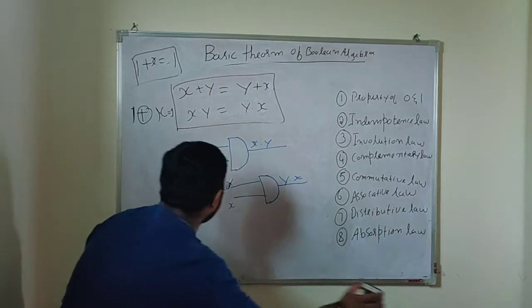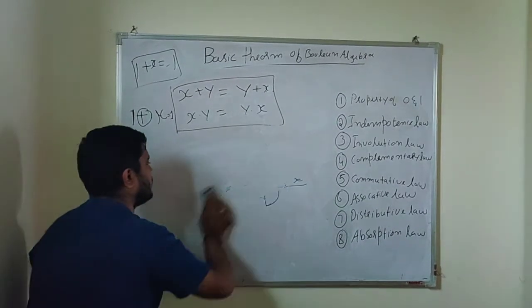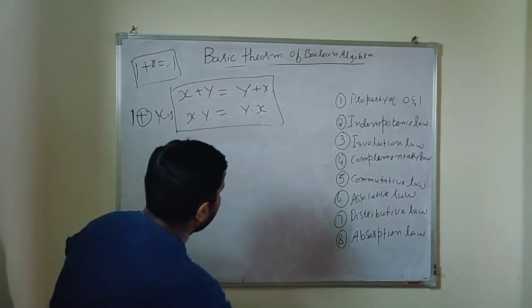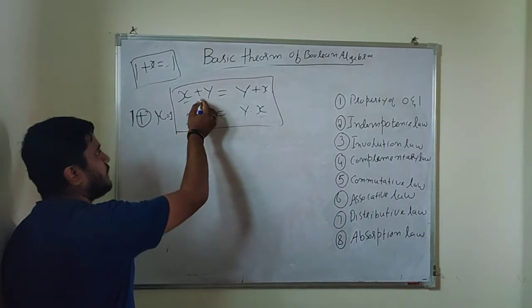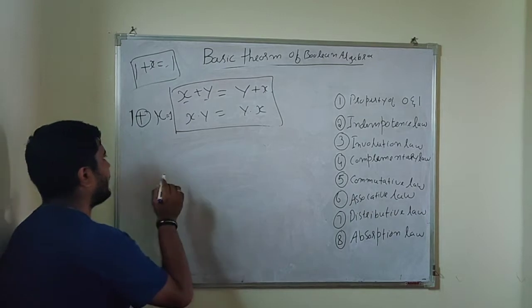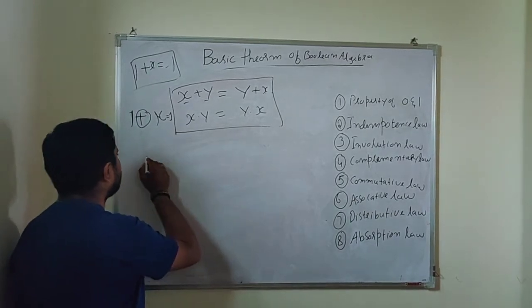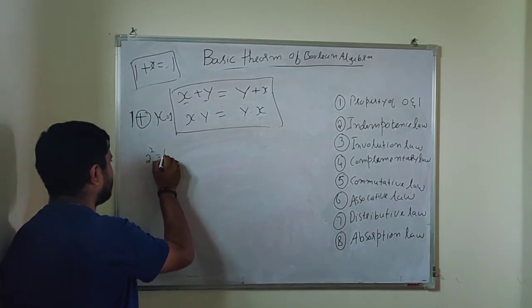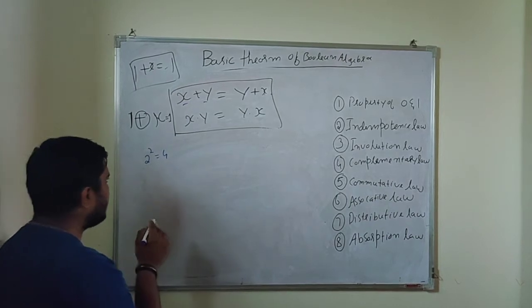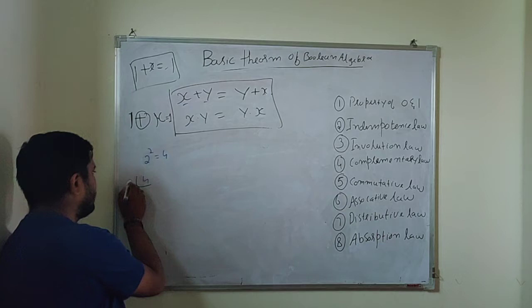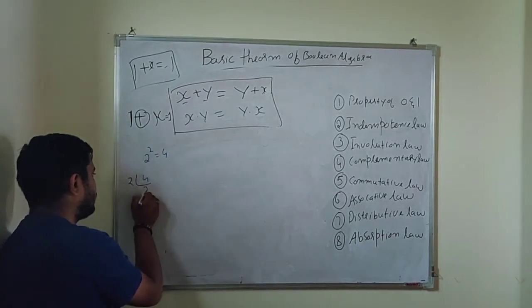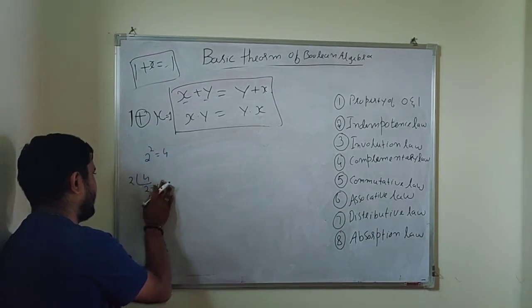So check out the truth table for this. When you work on a truth table, make sure you check how many variables there are. When you have two variables, what should you take? 2 to the power of 2, which is equal to 4. You should get 4 binary combinations. Divide by 2: 2 twos are 4, remaining 0.